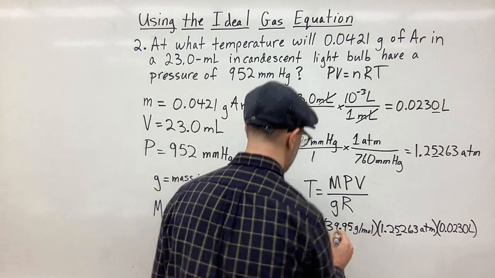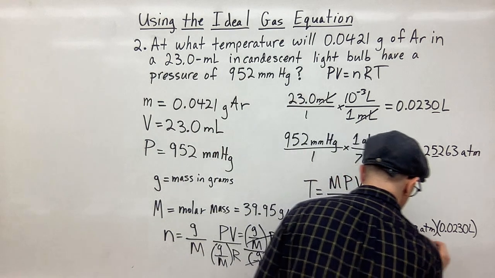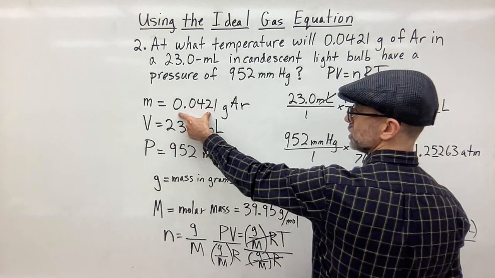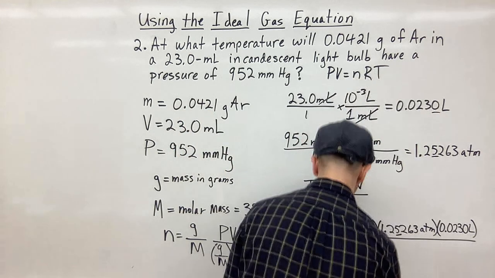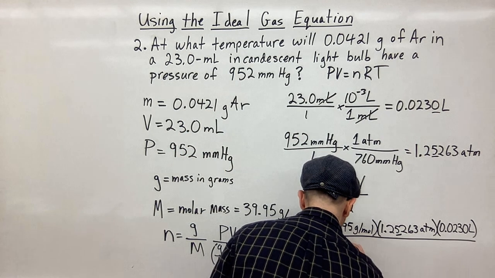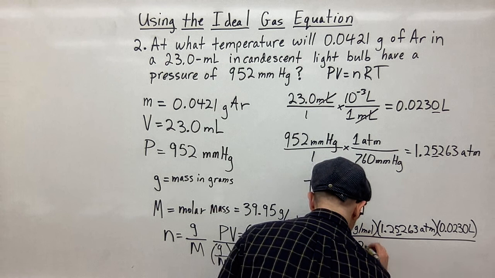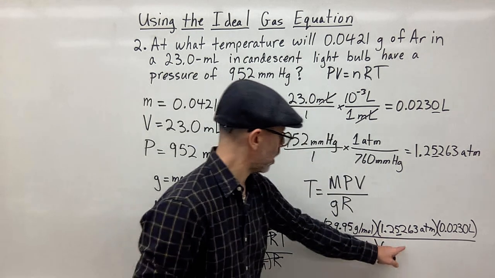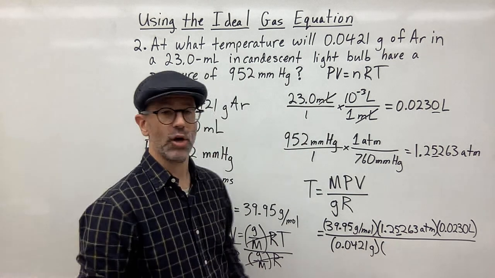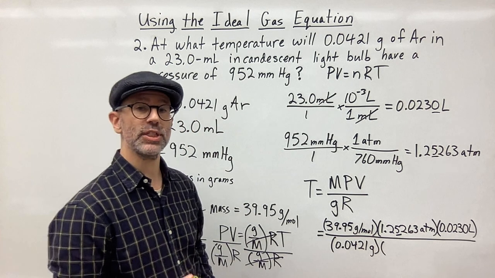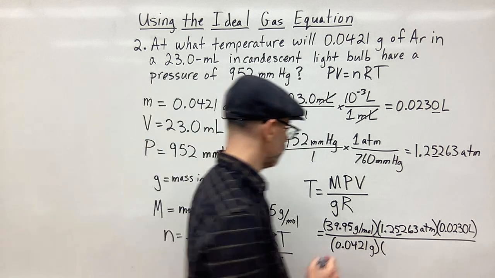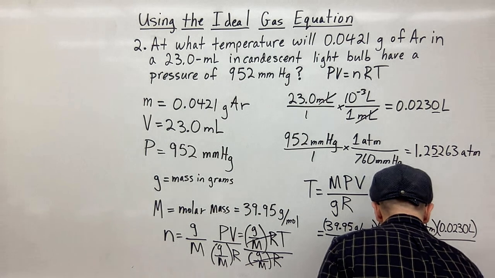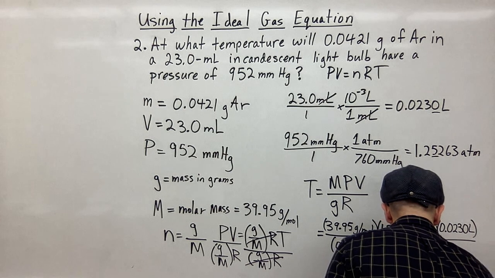And now I'm going to divide by G and R, G being the mass in grams, which is 0.0421 grams, and then by R, that's multiplied by R. So in this case, we're using 0.082058.